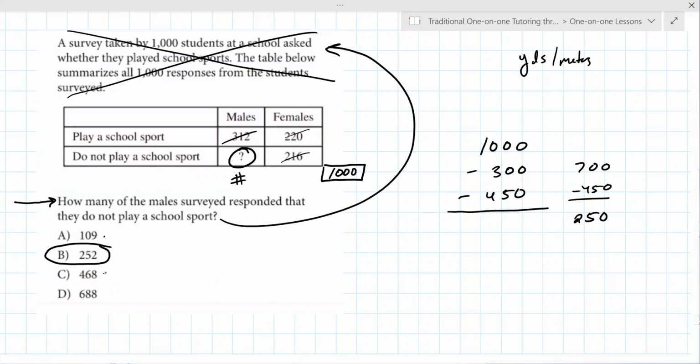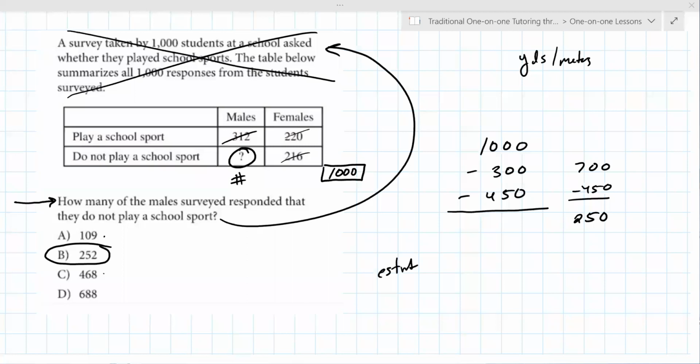A lot of times they give you enough room to be able to estimate rather than having to do the calculation. I don't know if this is a calculator or no calculator section, but that's the kind of thing I would want you to be able to try to estimate. Okay, so let's have you try this one on your own.